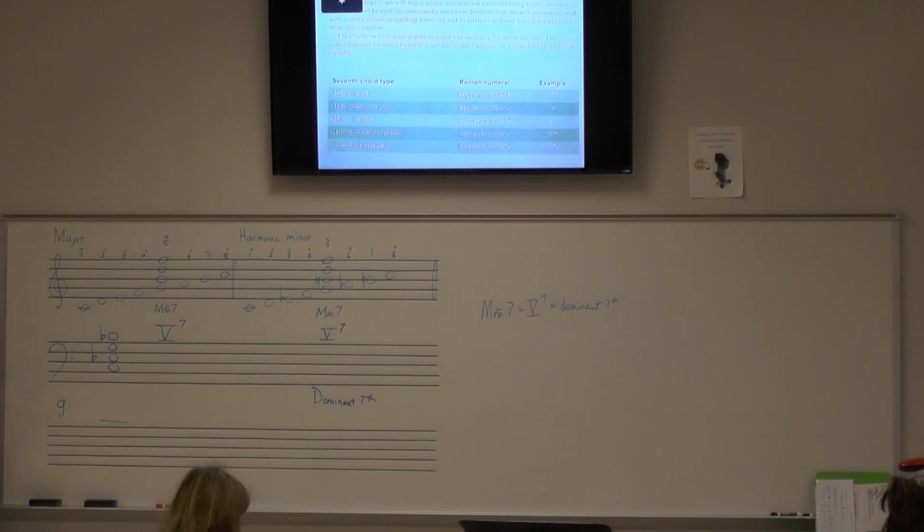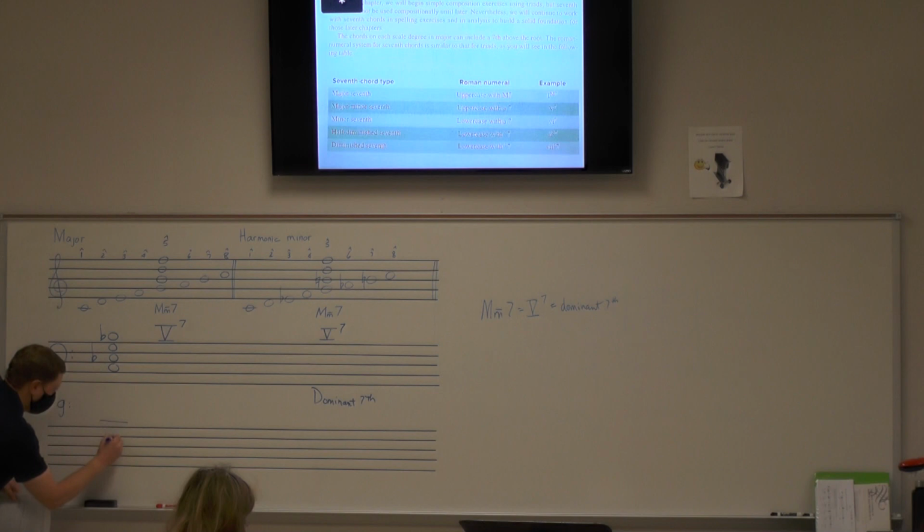It's stacked in thirds. So which note is the root? The C, the bottom note. What scale degree now? Because remember, roots are tantamount, we have to associate them with scale degrees. What scale degree is C in this key? 4. So I know I'm going to write a Roman numeral 4.